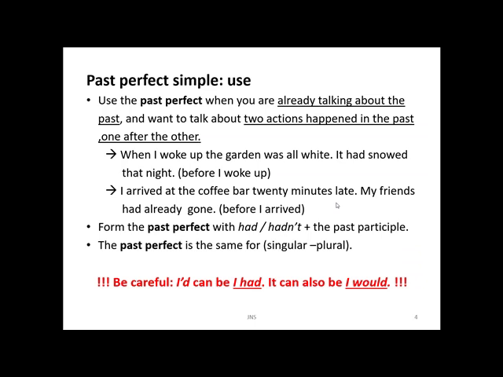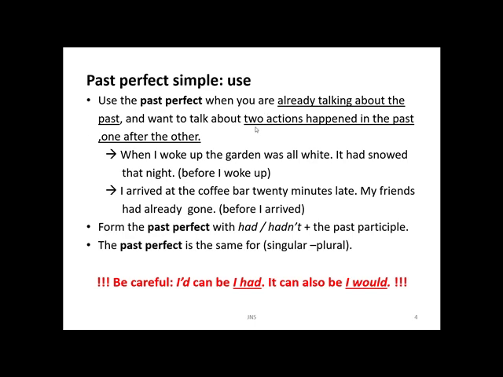In this slide, which I think is one of the most important slides in our lesson today, is why we use the past perfect. Again, why do we use the past perfect? We use it, as you can see, to speak when we are already speaking or talking about the past.